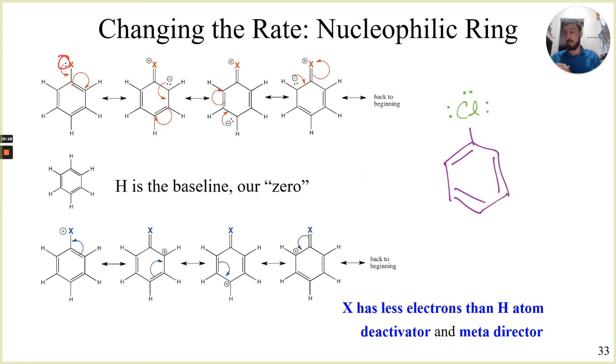Should this be activating or deactivating? Well, it's clearly activating because it has lone pair electrons. But it's clearly deactivating because the chlorine is more electronegative than the carbon. Well, which is it? Don't we have to pick one?